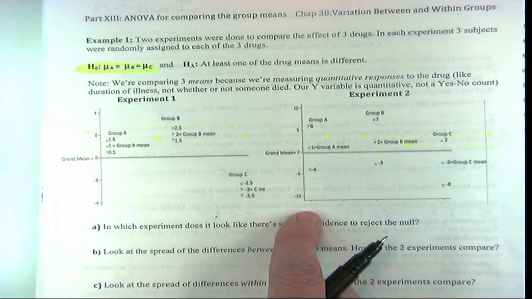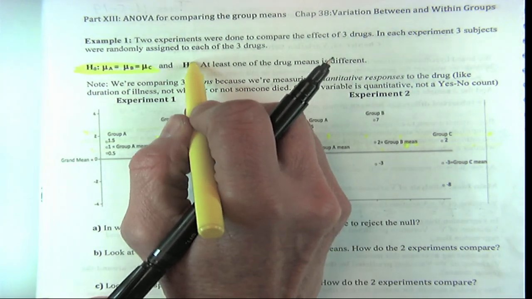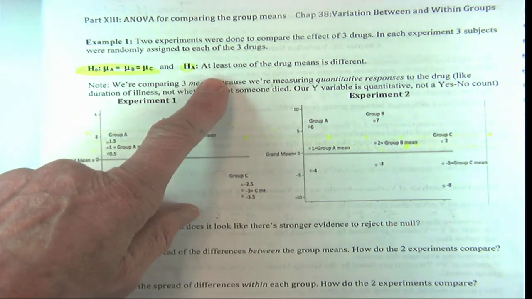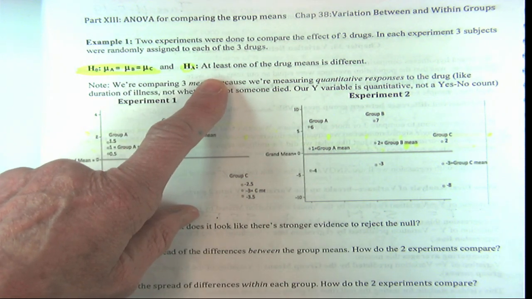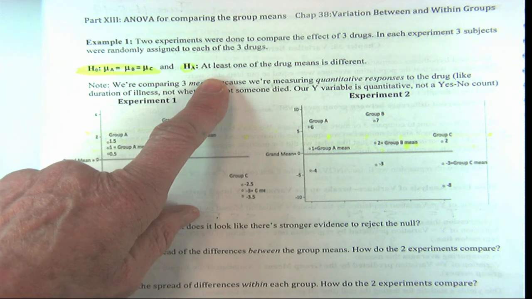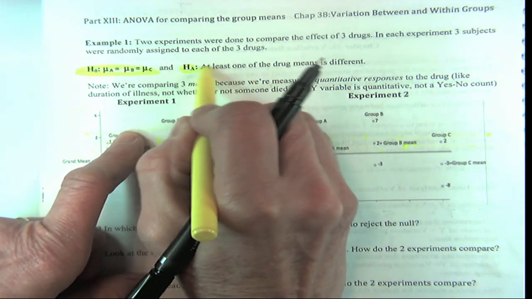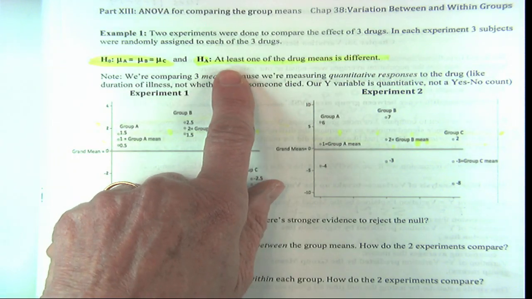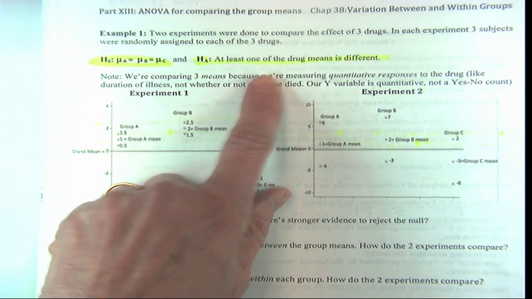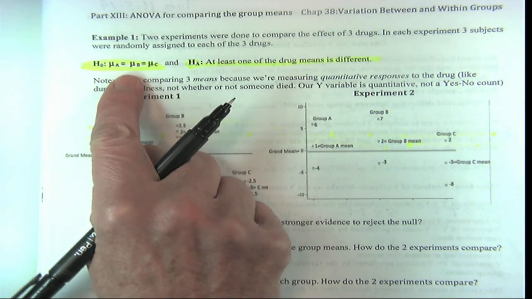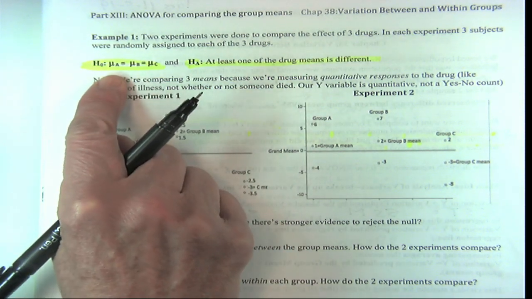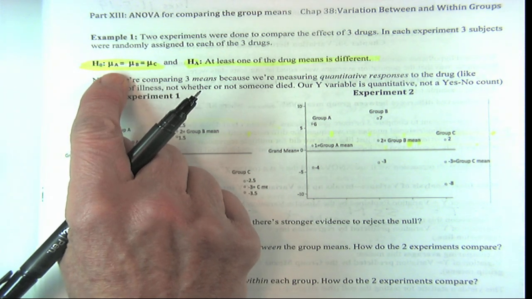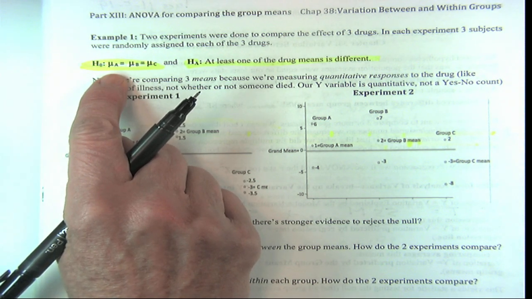That's a null. And the alternative, as usual, is no, they're not all equal, which means at least one of them is different. They don't all have to be different from each other, but at least one of them is different, because they're not all the same. It's the same null and alternative we've had before when we were comparing two groups. We'd say the two group means are the same in the population, even though in the sample they might look different.